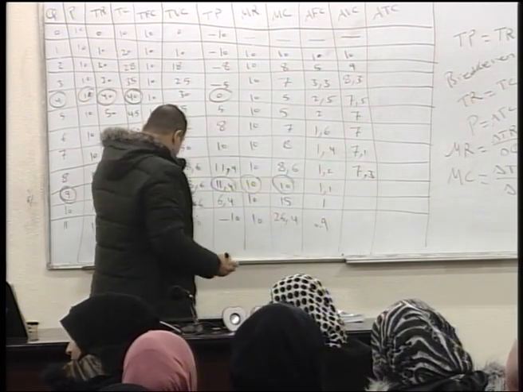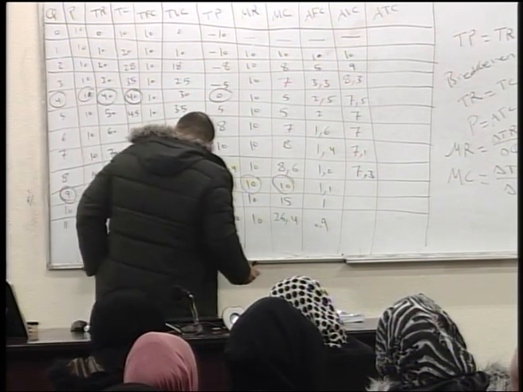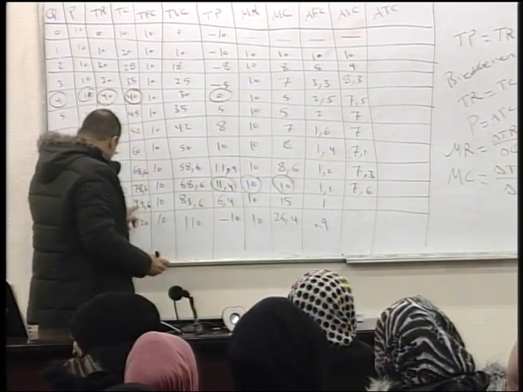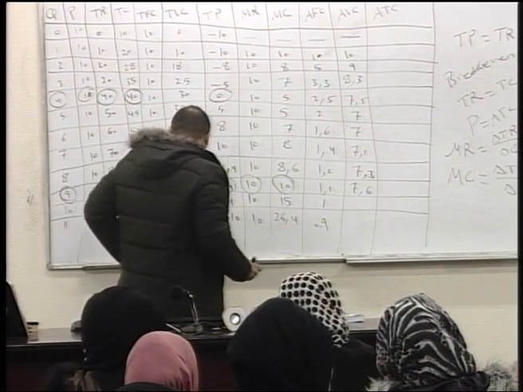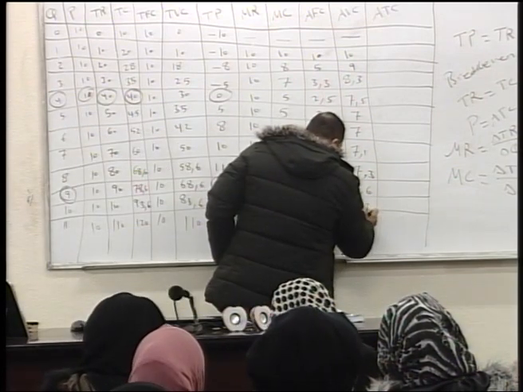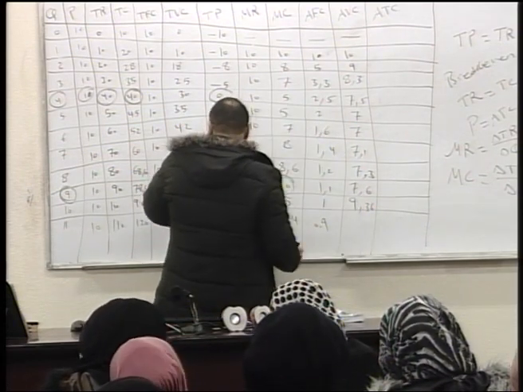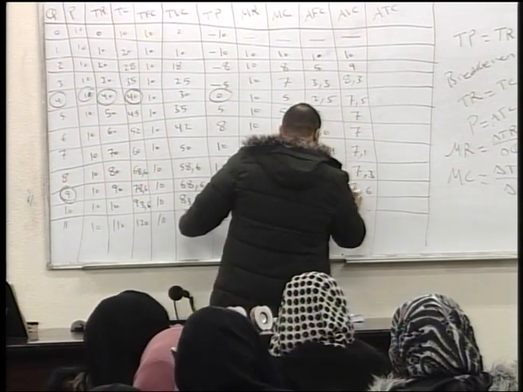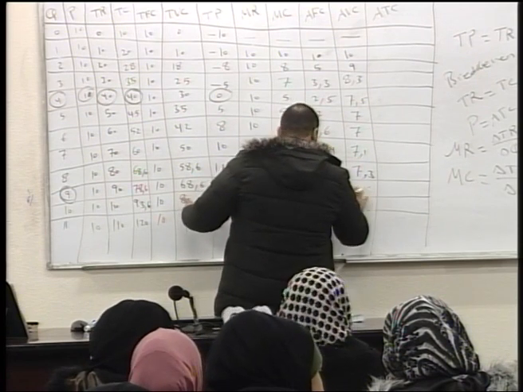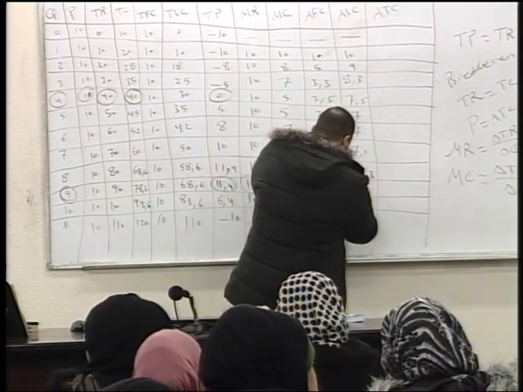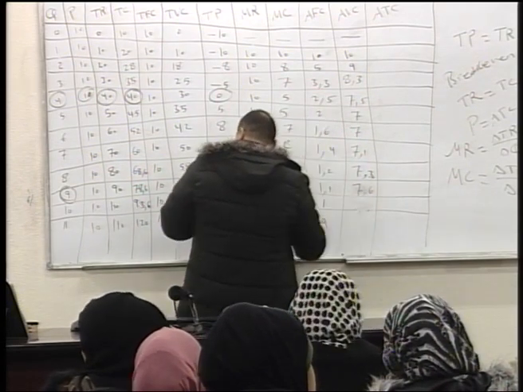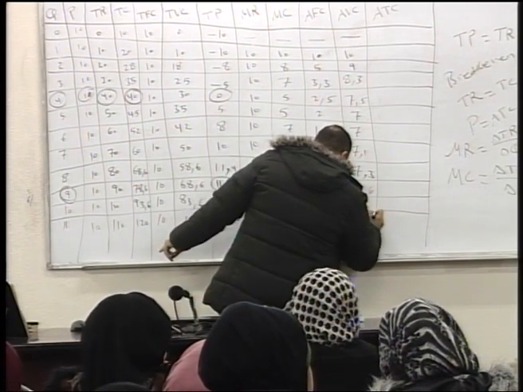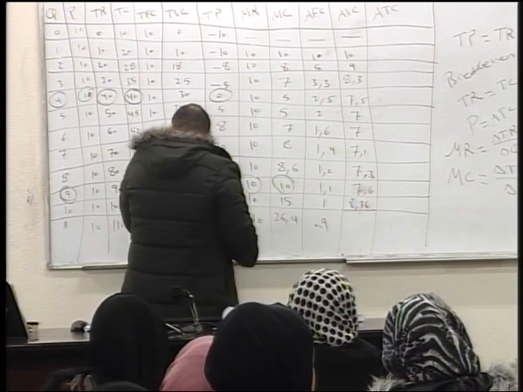And then 68.6 over 9, how much? 7.6. And then 83.6 over 10, 8.36. And then 10.